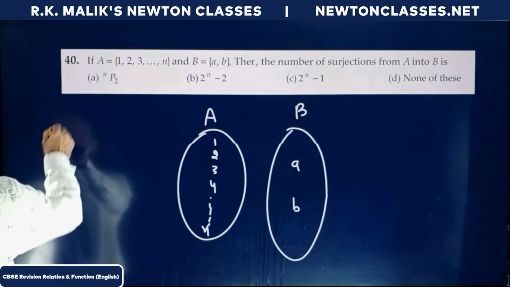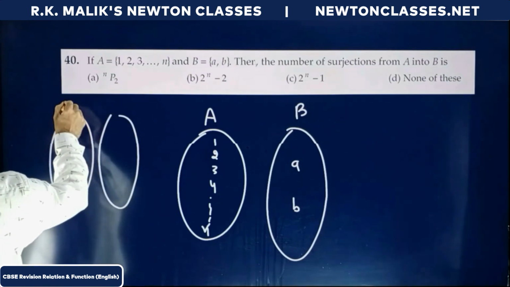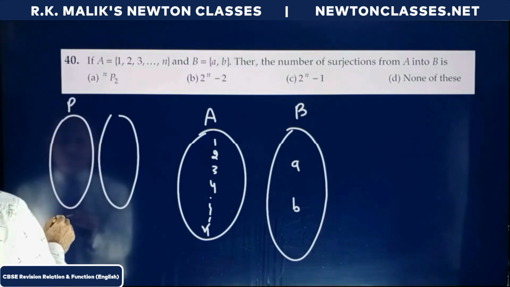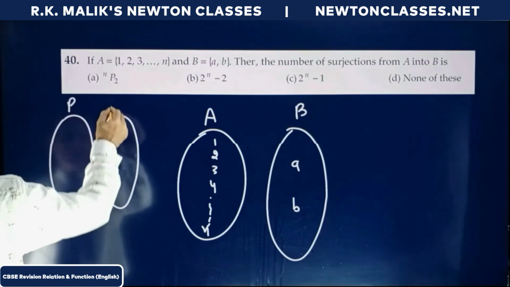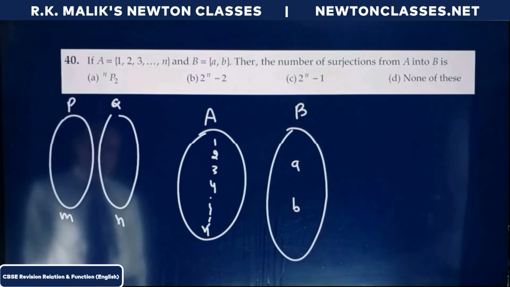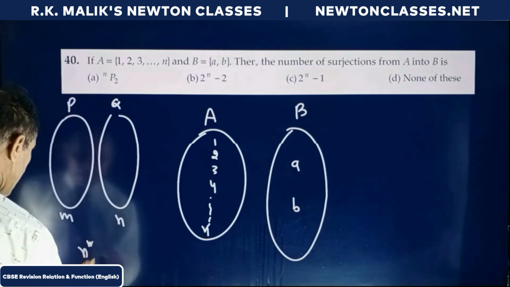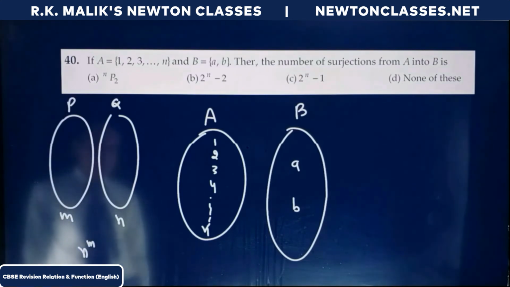You must be knowing that if the set P contains m elements and the set Q contains n elements, then the number of functions is n to the power m.